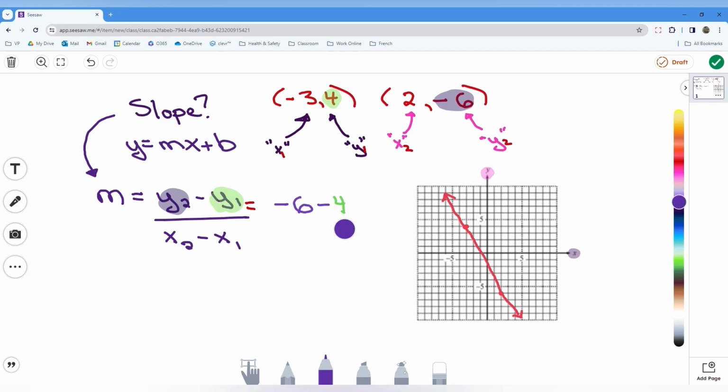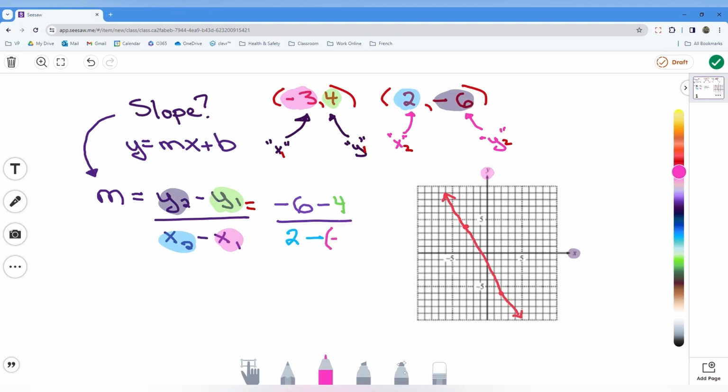All of that is going to get divided by our x2, and x2, as we can see, is coming from this 2 over here. So let's put our 2, and now let's subtract our x1. Well, what was our x1 value? Let's follow it up. It was a -3. So let's put in -3.